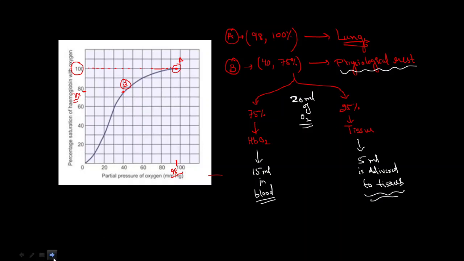Okay, now let us talk about another situation. Let's say now we have started a bit of exercising. I'm doing a little bit of exercise, a mild exercise, a simple yoga or something.